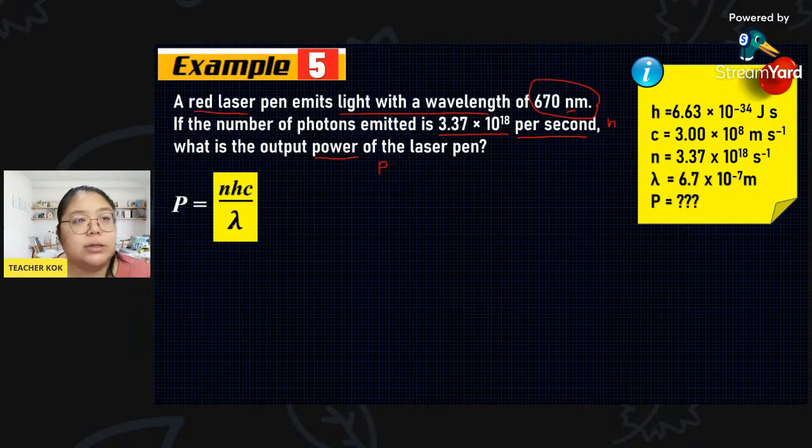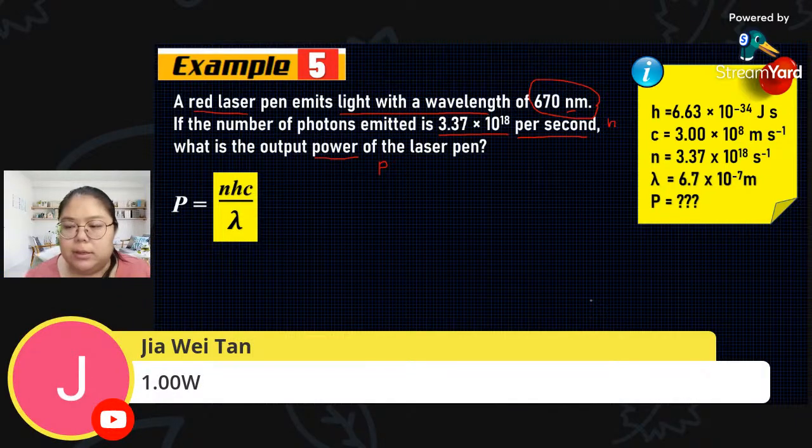Okay, so the students here, can anybody give me the answer for P, the power of this laser pen? The formula is the same. Yiru says 1.00 watt. So we go to check whether it is correct or not. Jiawei also says 1.00 watt. Okay, we go to show.